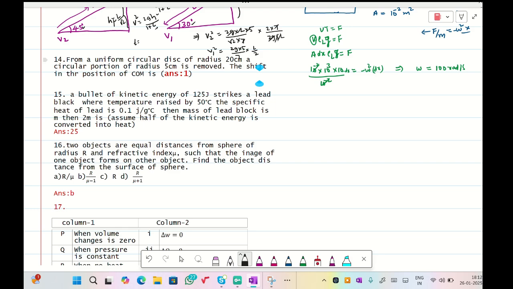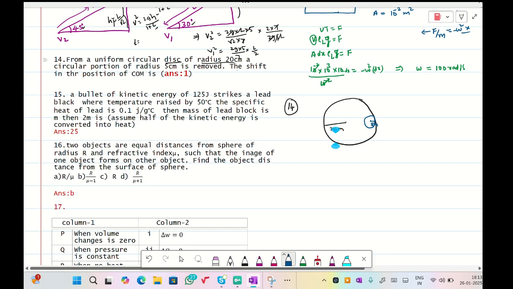So now, 14C: from a uniform circular disc of radius 20 centimeter, a disc of radius 5 centimeter from the periphery, so 5 centimeter here to here, is removed. Then the shift in the position of center of mass is asked.